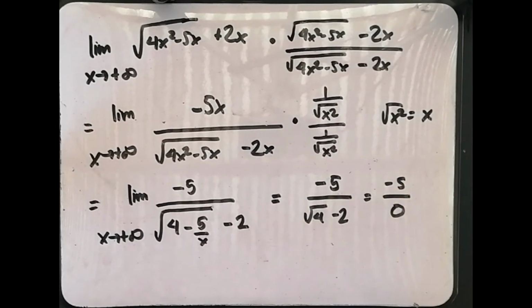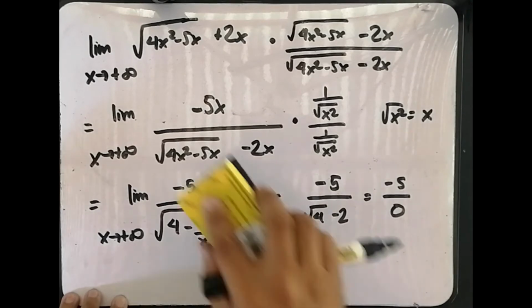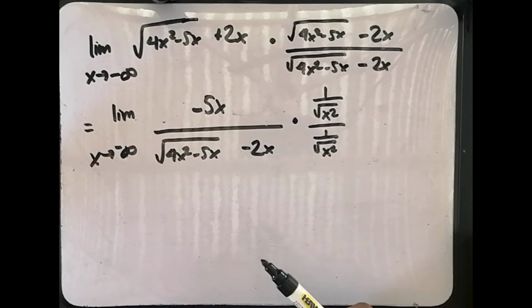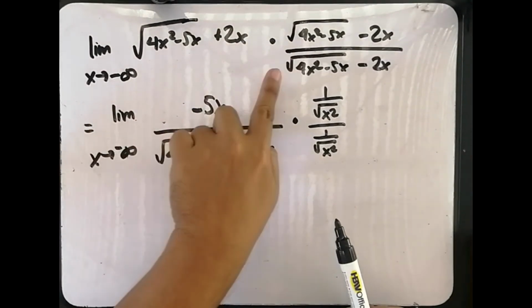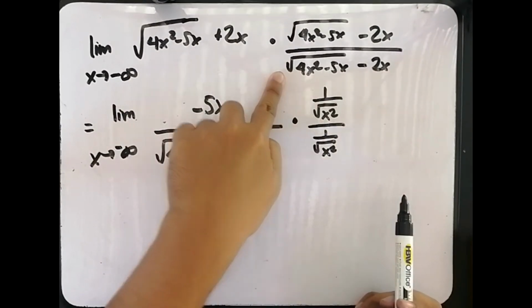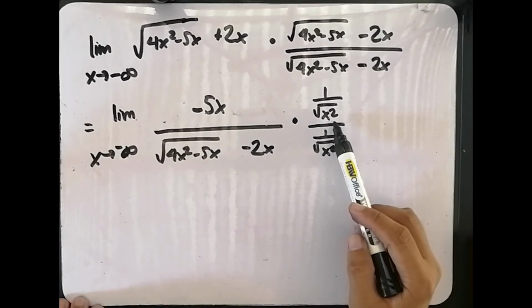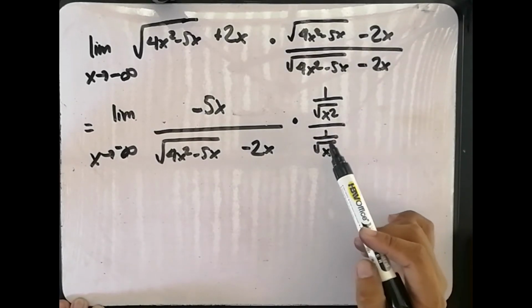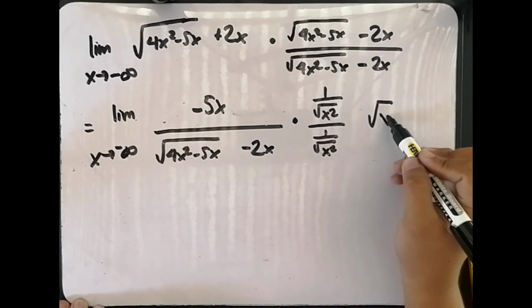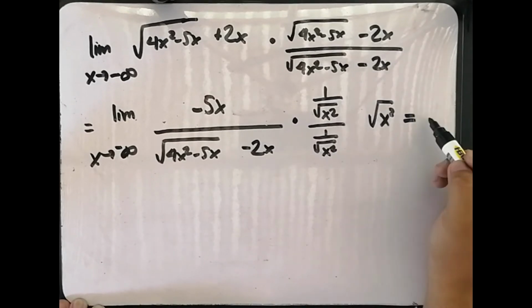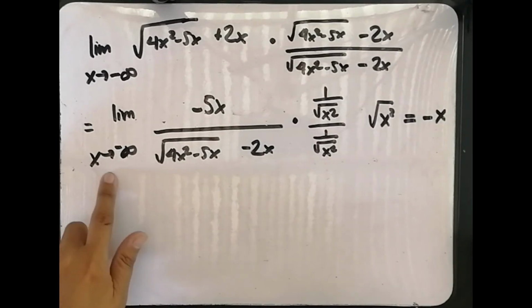How about negative infinity? Let's check the other side, when x approaches negative infinity. Again, we multiply the conjugate. And then we multiply 1 over square root of x squared over 1 over square root of x squared, where square root of x squared is equal to negative x, because we are approaching negative infinity.